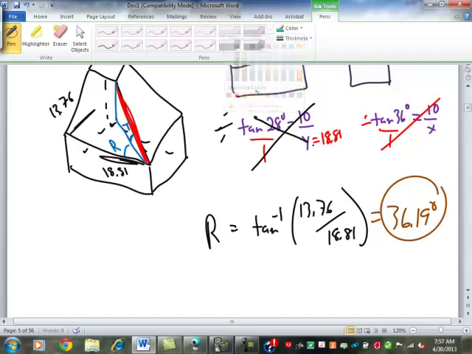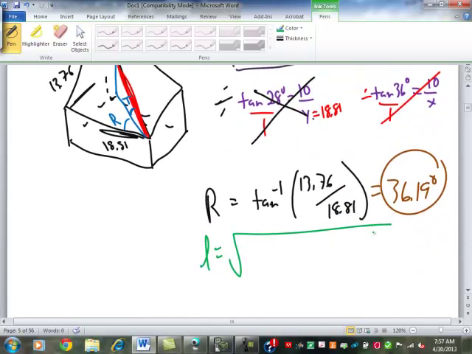Now to find the tilt, I need to know a length. Remember, this isn't the actual length because I guessed the depth. We weren't given the depth. But this is just a working length.